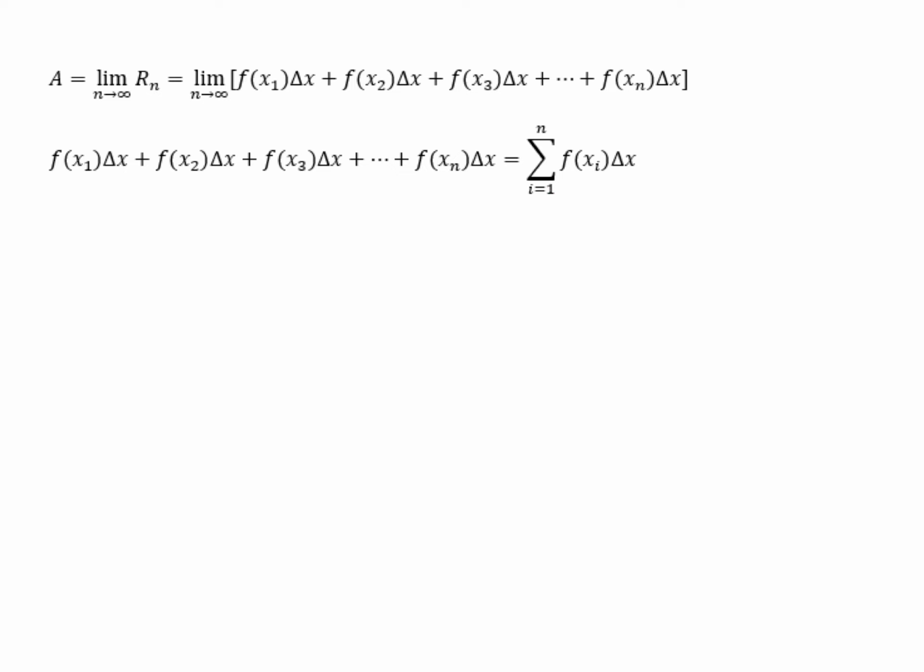So it's all the integer values from 1 to n. So the first term is f of x sub 1 delta x, as you can see here. The second term then is f of x sub 2 delta x, which is what we see here, etc. Then we've got 3, and it goes all the way up to x sub n.